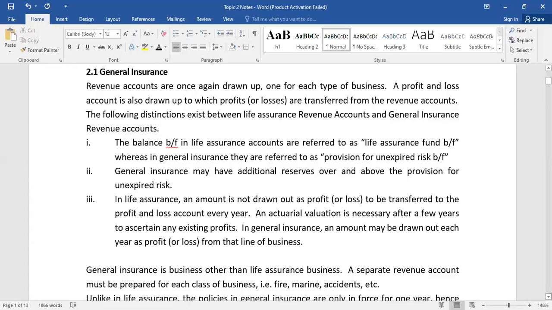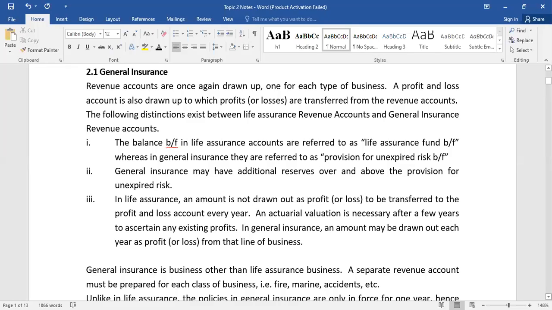In life assurance, the life assurance fund brought forward is the amount realized after we subtract all the debits. So when we are starting the next year, we expect to have the life assurance fund brought forward. But in general insurance, this is very different.